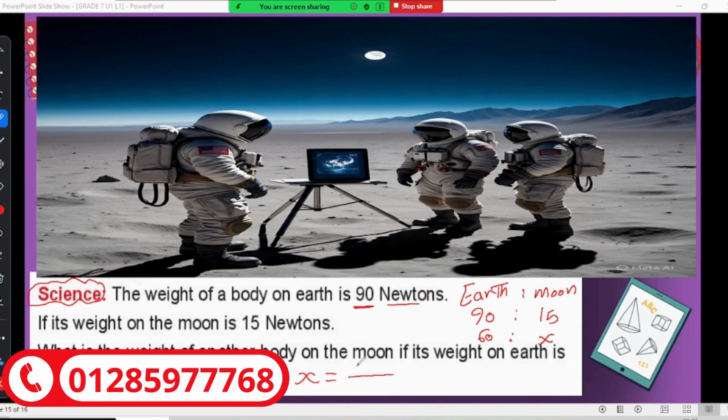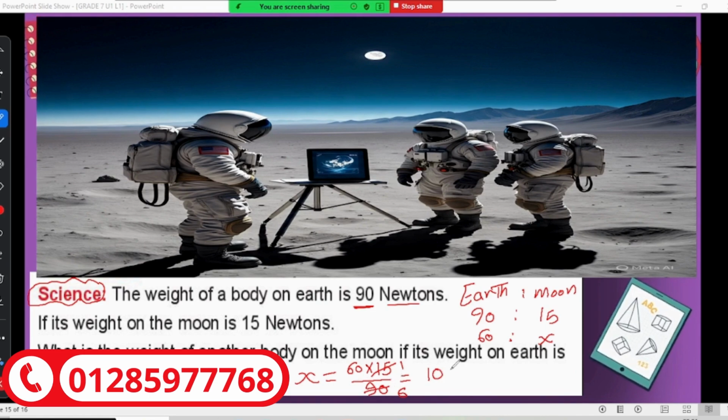X equals 60 multiply 15 divided by 90. 60 divided by 15 equals 4... 90 divided by 15 equals 6, 60 divided by 6 equals 10.